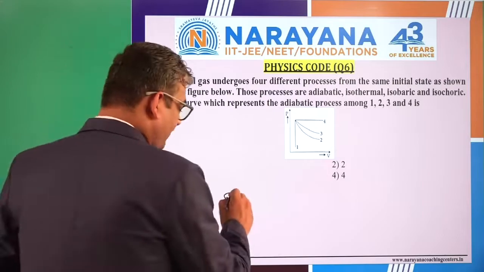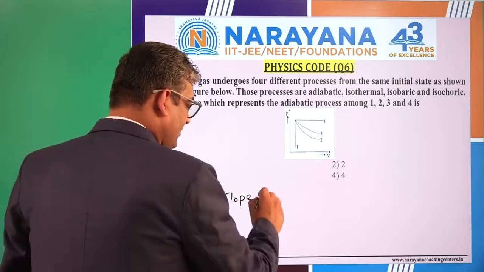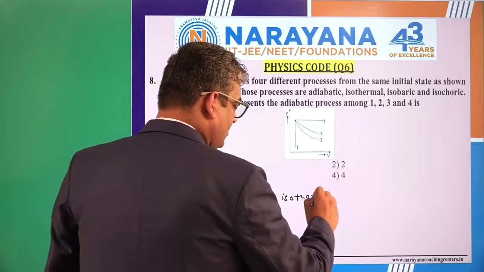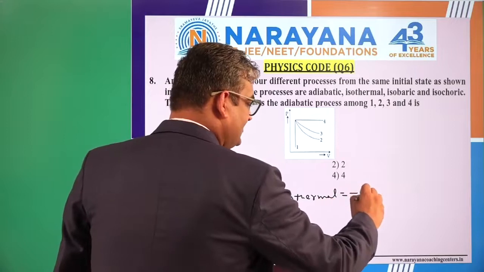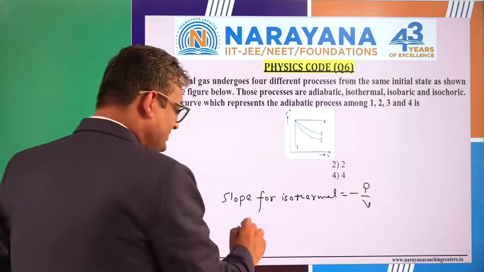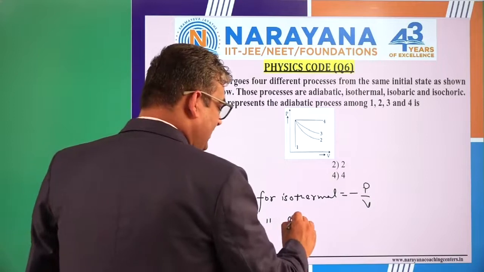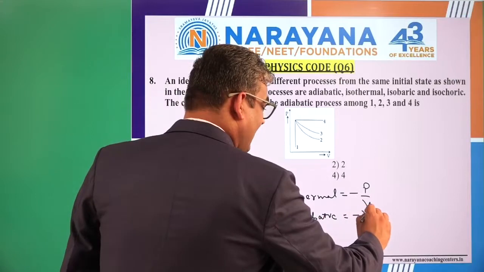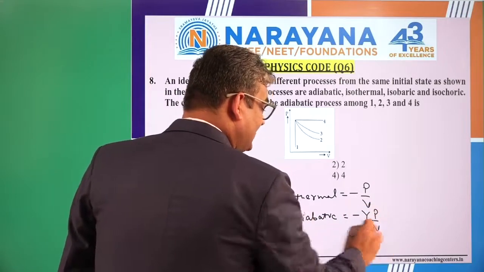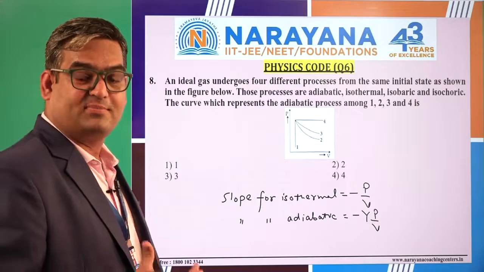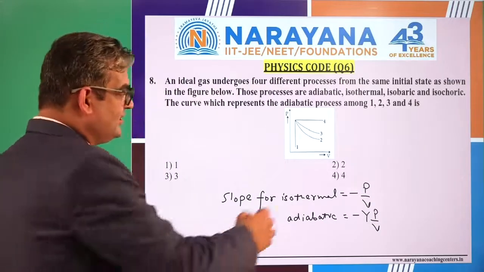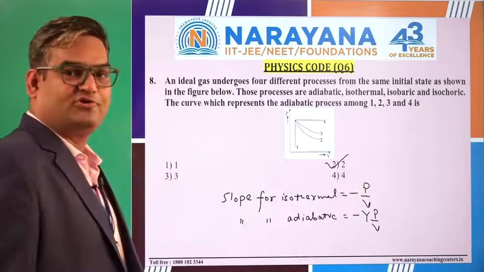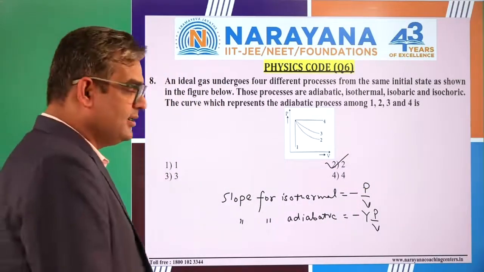So slope for isothermal process is given by simply minus P over V, while that for adiabatic process is given by minus gamma times P by V. That's why slope of adiabatic process is much more steeper. Hence, the process 2 must represent adiabatic process. So second option should be the correct answer. Next question.